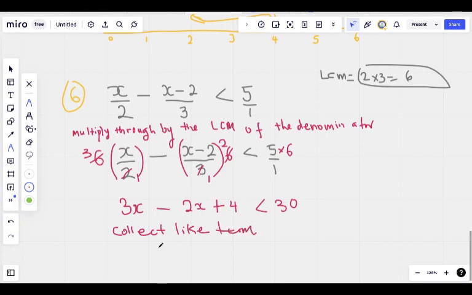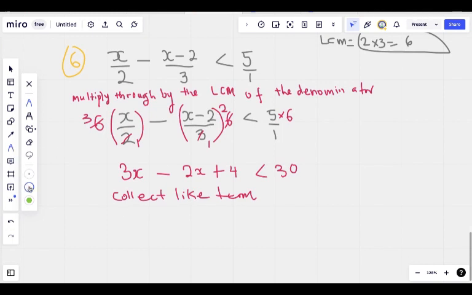What we mean by collecting like terms is like we've always said, the ones with the variables with coefficient, we bring them together. So 3 is like saying 3x minus 2x. They are on one side, so the sign doesn't change.